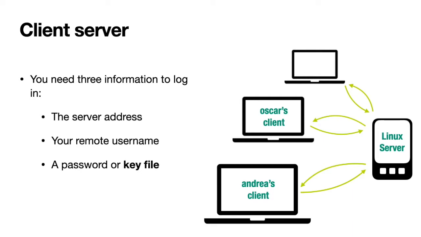But nowadays, it's believed to be not the most secure way to authenticate. So the alternative that the QIB Cloud implements is a key file. You generate a strong password file in your computer, and you use that file as a password. So this means that if you use another computer to log into the server, you need to have the key file as well and make a copy of it.